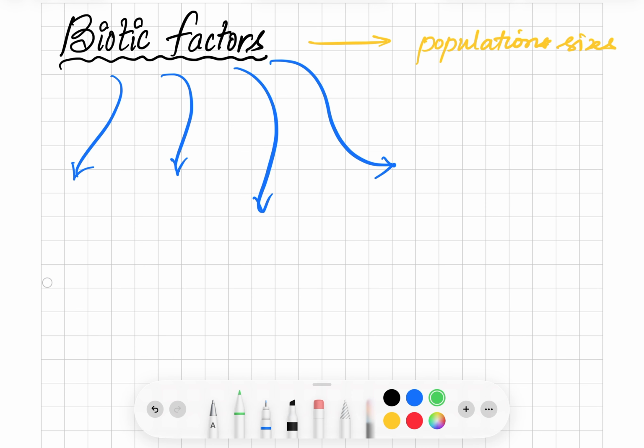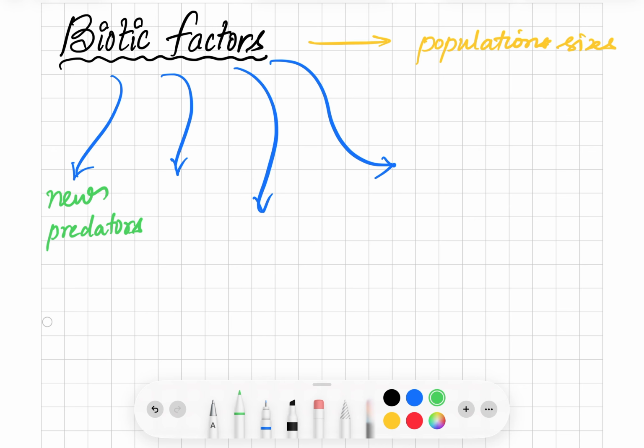Yes. For example, when COVID-19 happened, it was a new pathogen in the community, wasn't it? So we're going to say new predators, or it could be new pathogens as well.